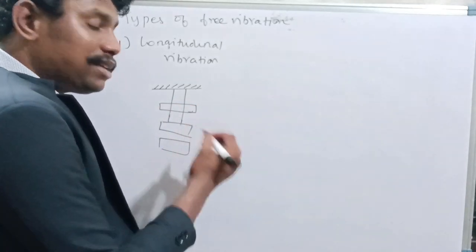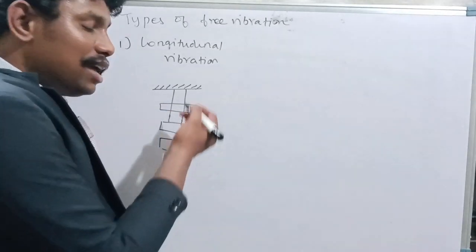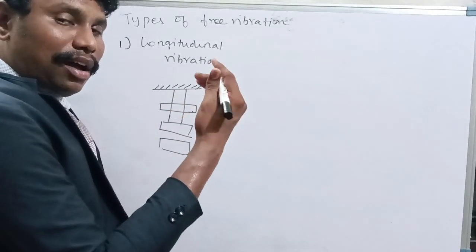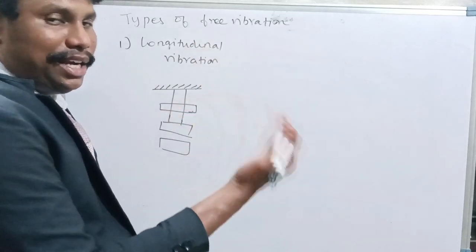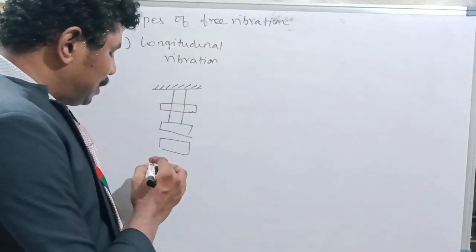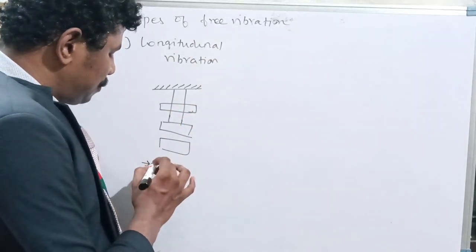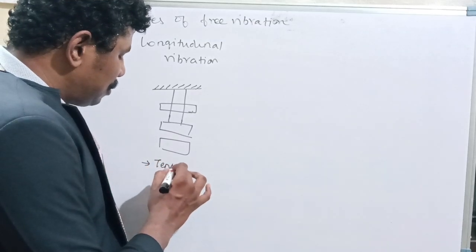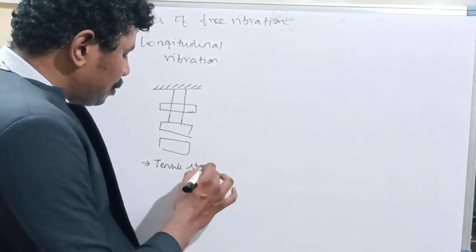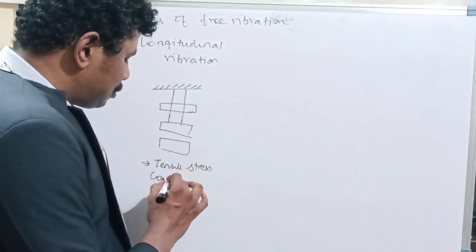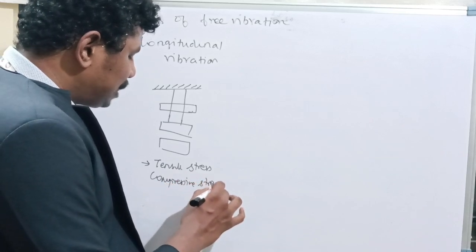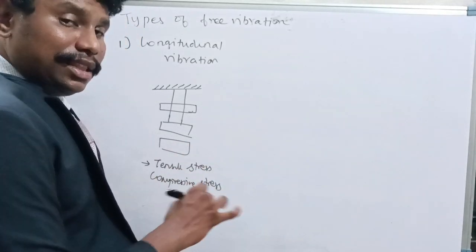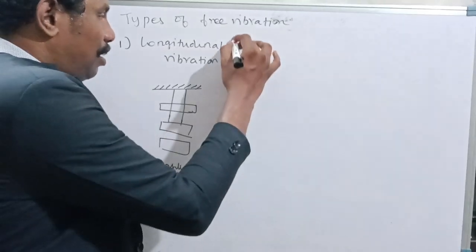These two represent the movement of the disc. The shaft will be elongated and stretched alternatively. So the stress induced is tensile stress and compressive stress that take place alternatively in the system.